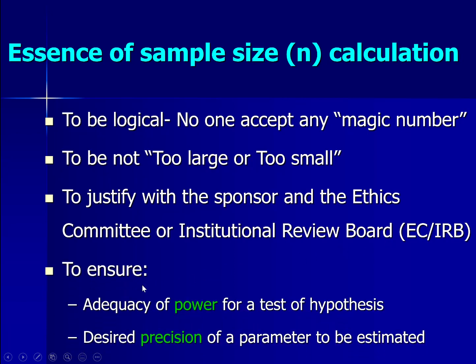And to ensure that the proposed sample size n has adequate power to detect a significant finding at the end, or to have a desired precision, for example, plus or minus what number of the parameter to be estimated. So that means ensuring we get some answer from the research.